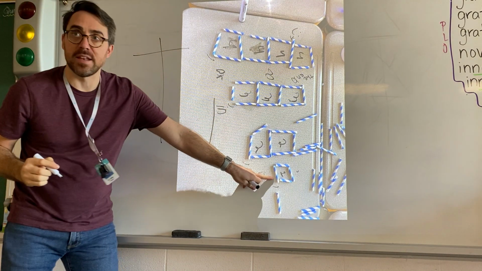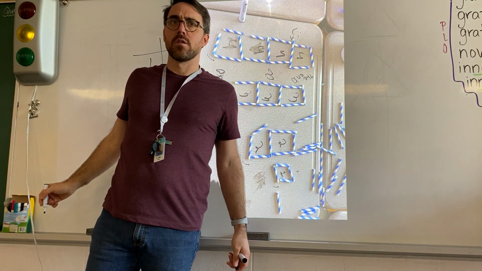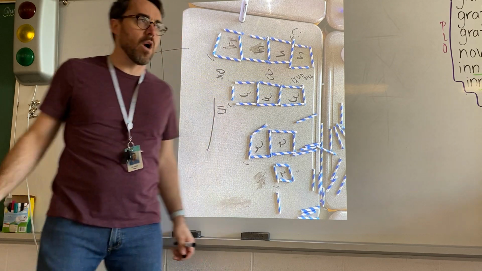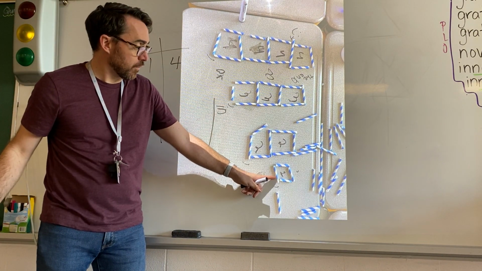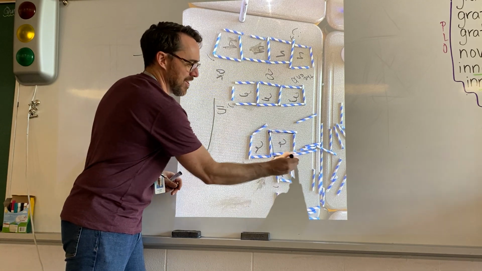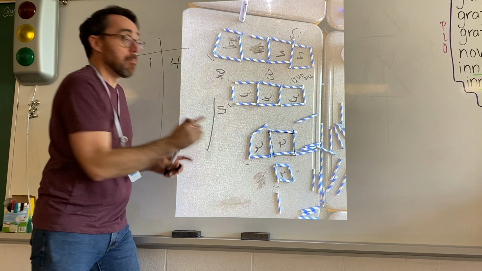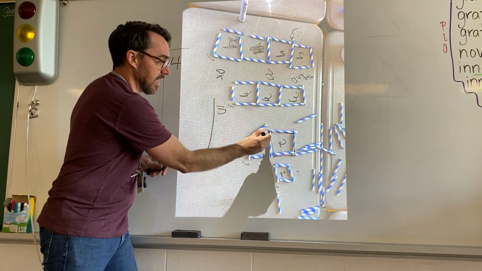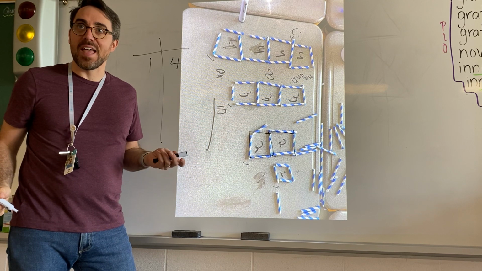Term 1. How many straws in term 1? David? 4. He's right. Once in a while that happens. There's 1, 2, 3, 4. There's 4. But wait, I've added not 4 more. What did I add?